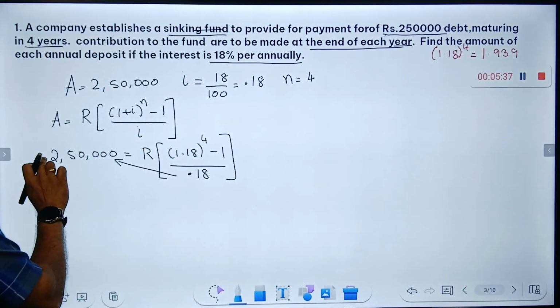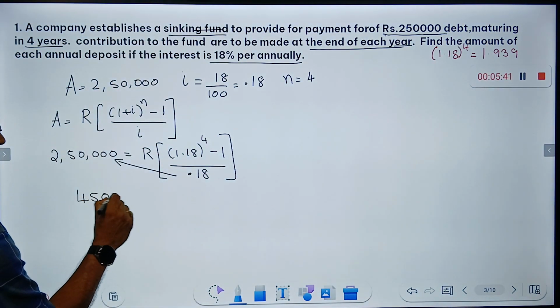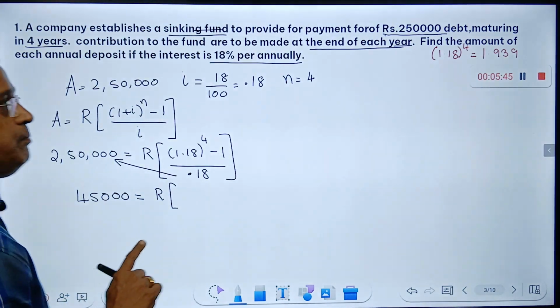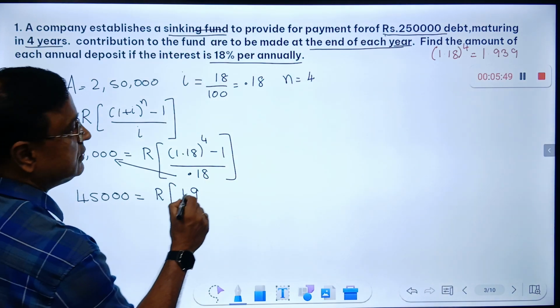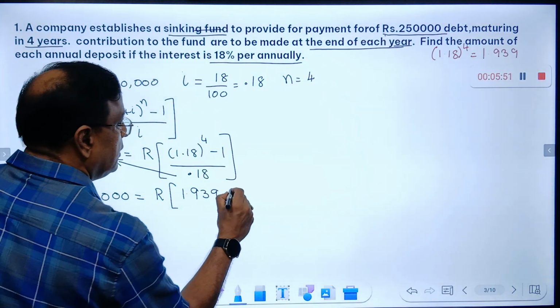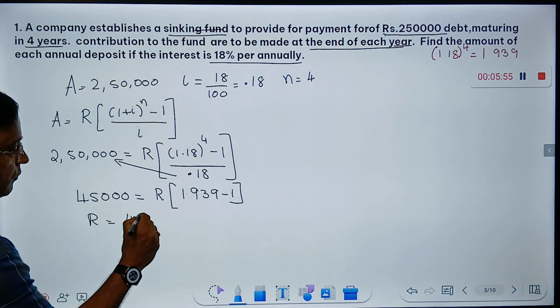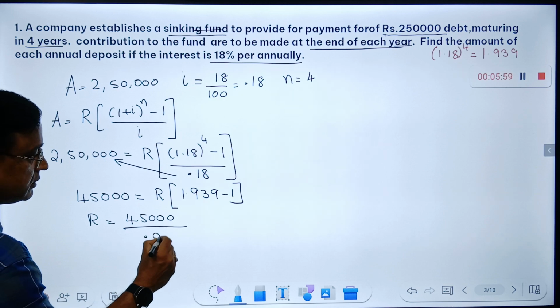So 2,50,000 into 0.18 is 45,000, equals R into, 1.18 power 4 is already given as 1.939. So what do you get? R equals 45,000 divided by 0.939.